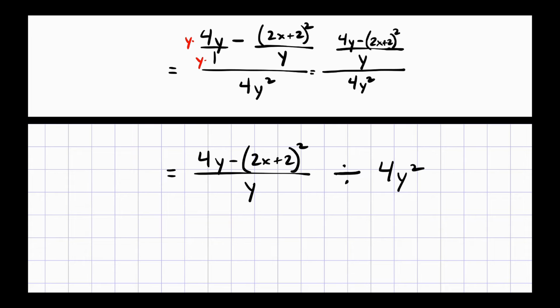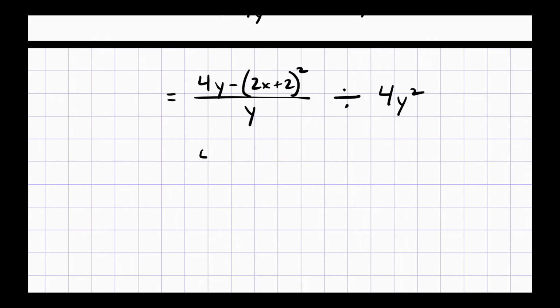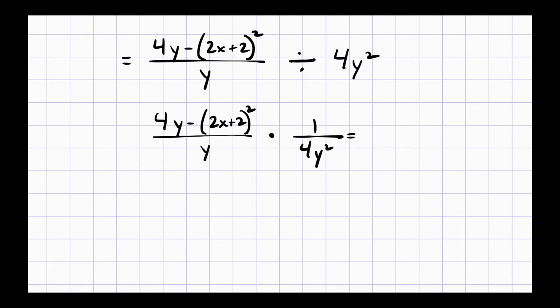Keep, change, flip. So you get 4y minus 2x plus 2 squared, and on the bottom, 4y squared times y, which is 4y cubed.